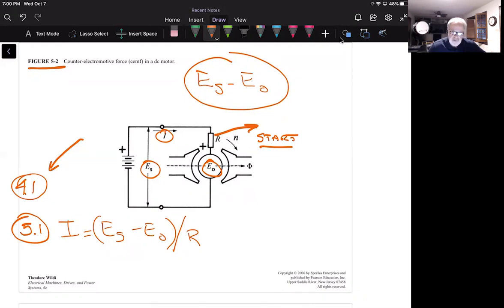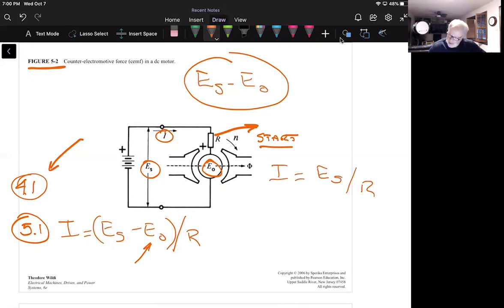And what we're going to find out is this exact thing right here, because the current at startup is simply going to be the source voltage that's applied, and since the armature isn't turning yet, there is no armature voltage, so the starting current is simply E sub S divided by R.